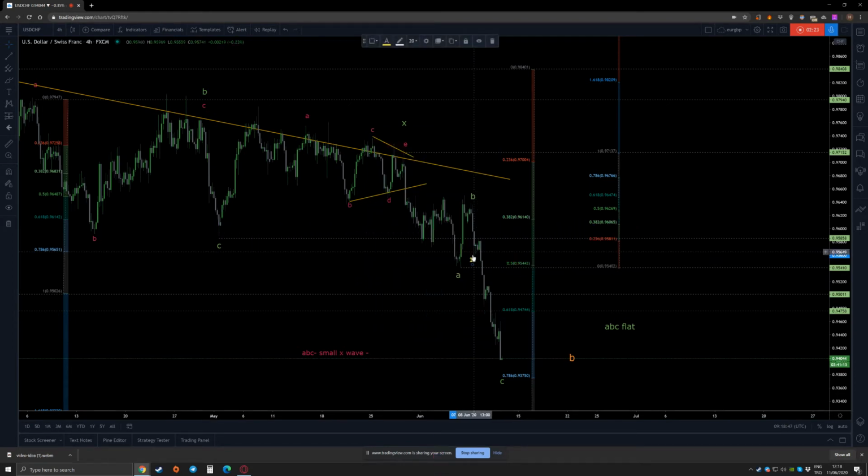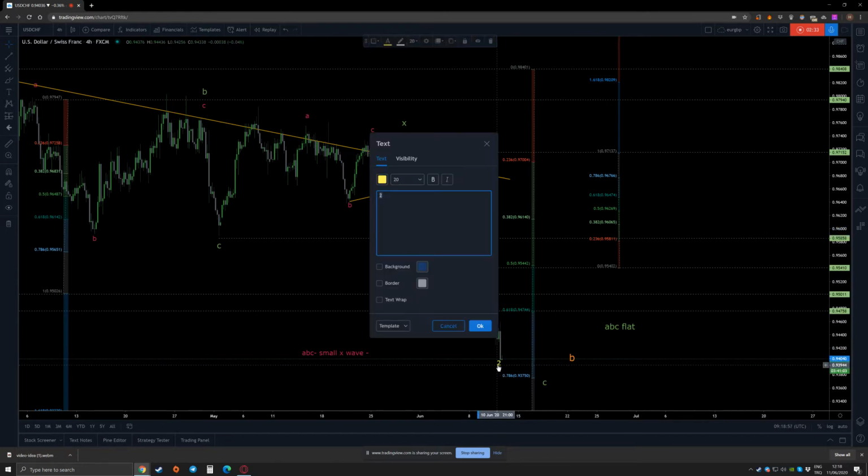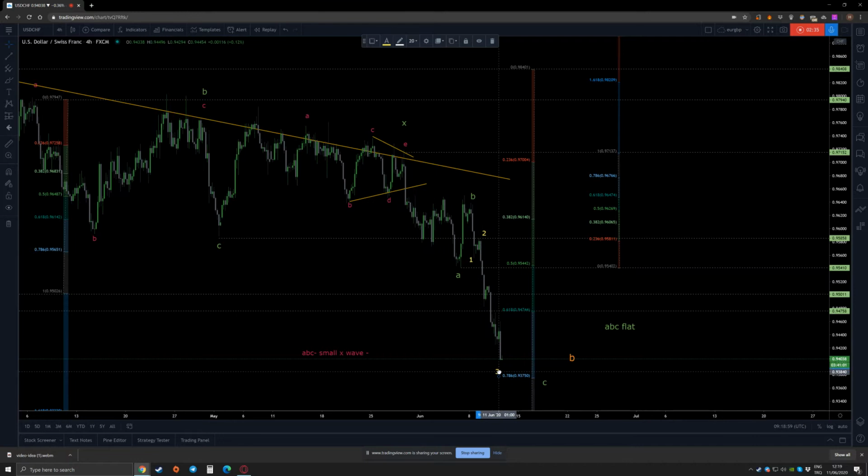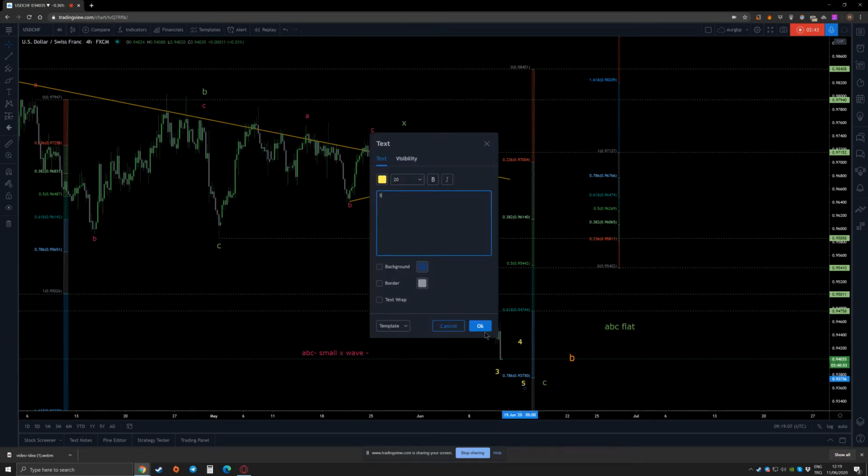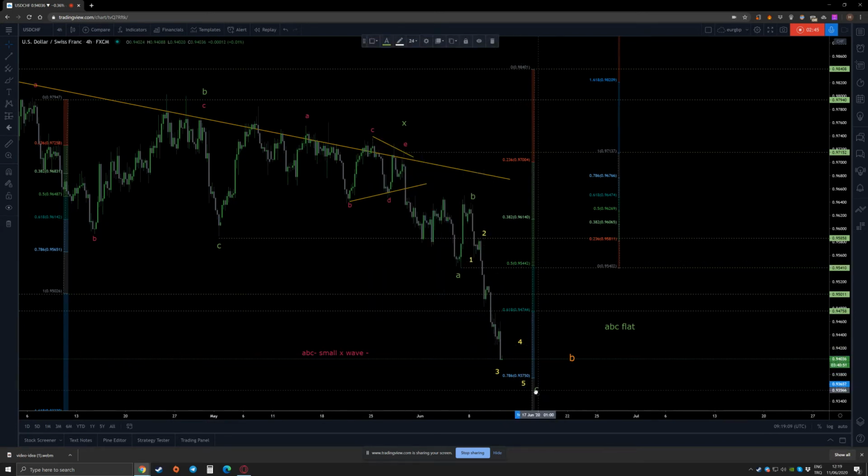So let's say this is wave 1, this is a wave 2. It does look like this will be a wave 3 or even lower, we don't know. Wave 3 and a 4 and a 5. Now, if I can find this 1, 2, 3, 4, 5, then I can put the C wave here.